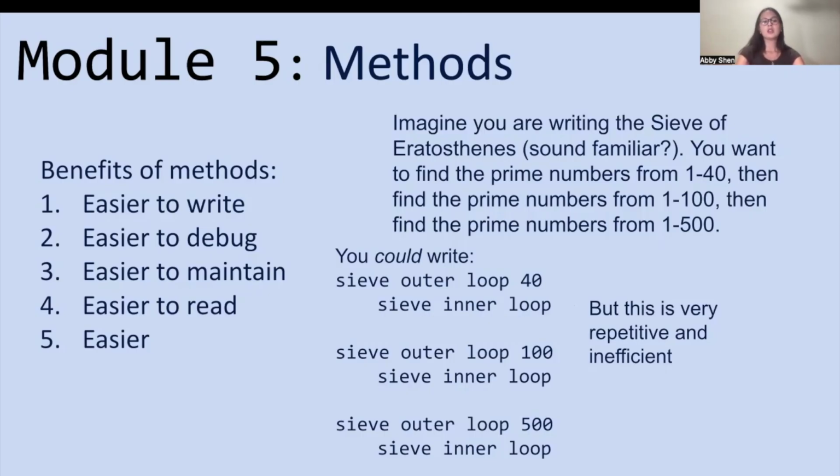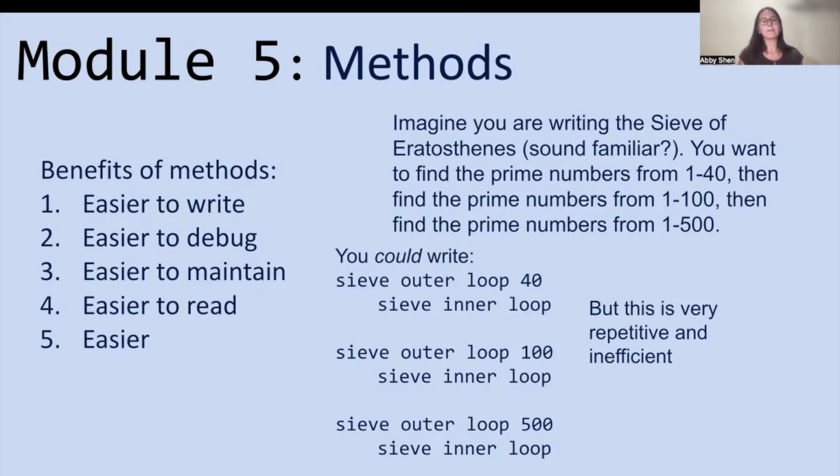So let's imagine a situation in which we want to write a program that does that process to find the prime numbers from 1 to 40, and then afterwards wants to find the prime numbers from 1 to 100. And then after that wants to find the prime numbers from 1 to 500. And maybe this program's trying to compare them or something like that, or have all of those printed out in three different places.